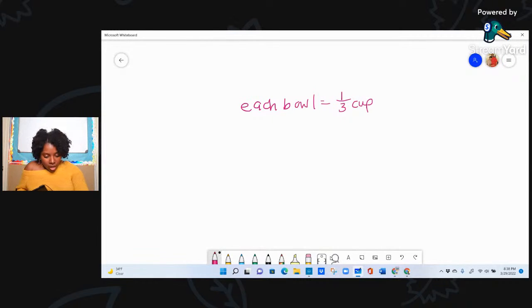Correct. How many cups of macaroni if he makes 27 bowls? Okay. Got it. So we want 27 bowls all together, and each bowl has 1/3 cup of macaroni.